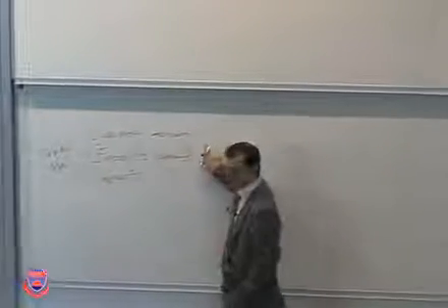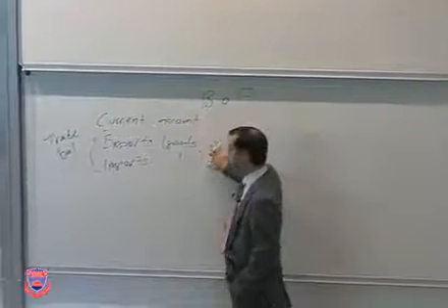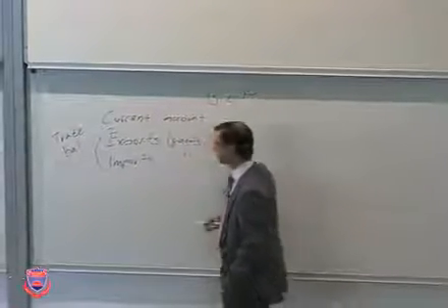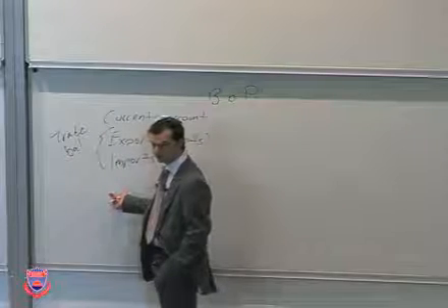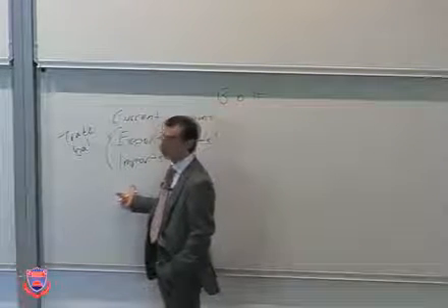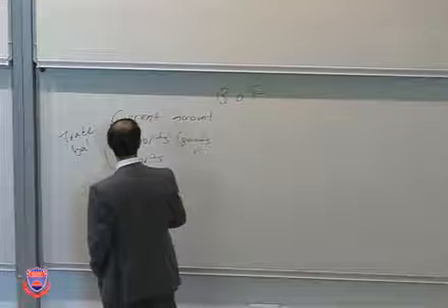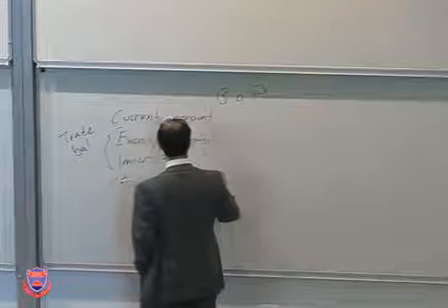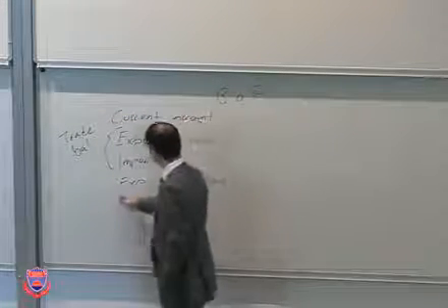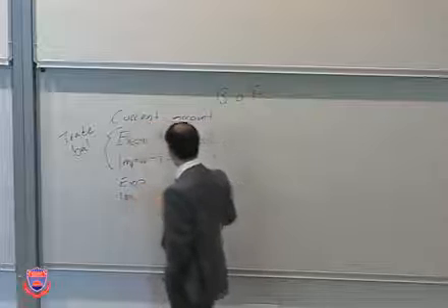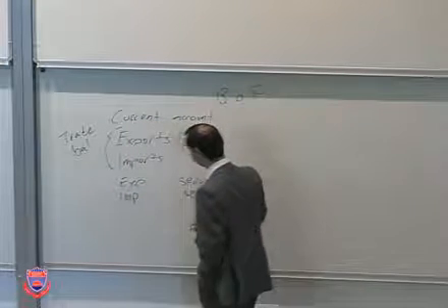Our current account deficit, however, is always smaller than this. One important reason is our services balance is always positive. All right, so exports of services and imports of services.